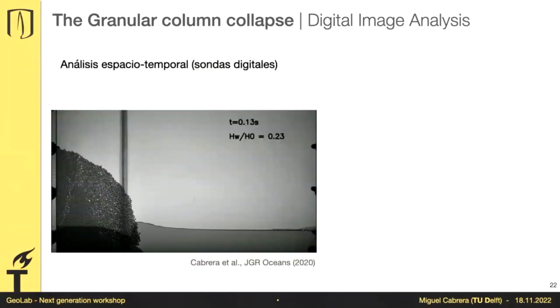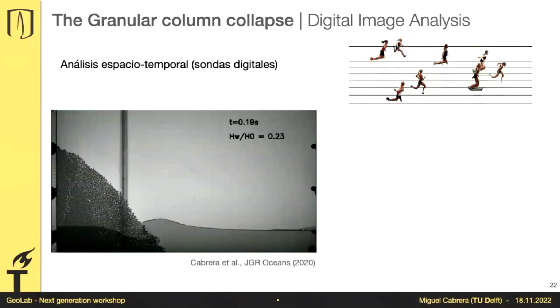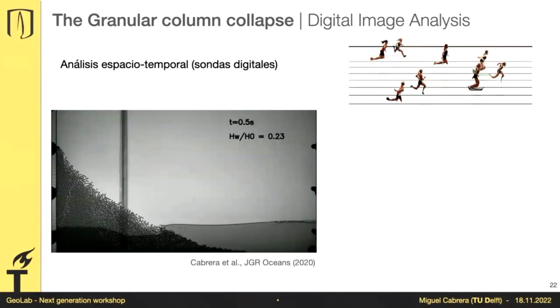In a spatiotemporal analysis, what you will have is something that looks very much like the photo finish you see in the Olympics. Did you notice something weird in this photo finish? These people are athletes, so they are deformed, but not as deformed as they are shown in this image. What do you notice that is weird on there?